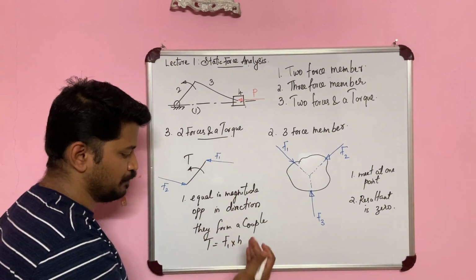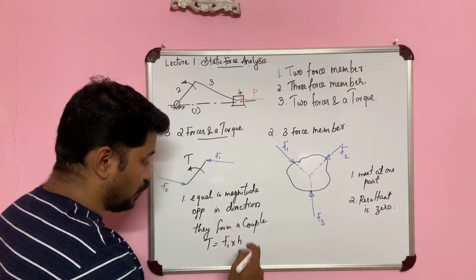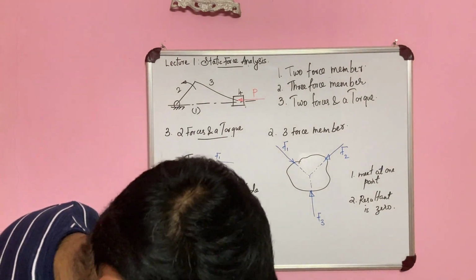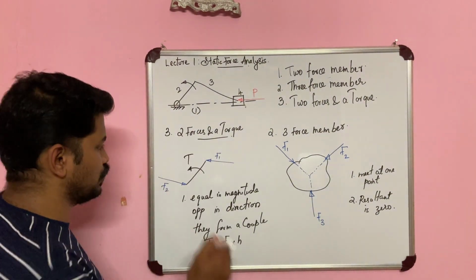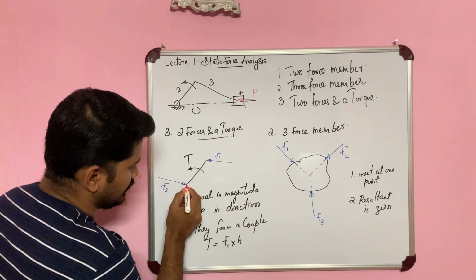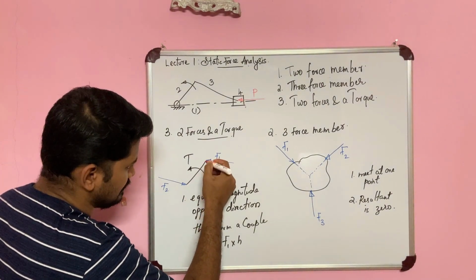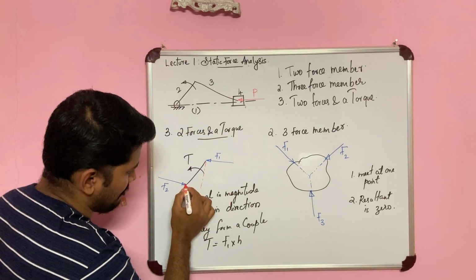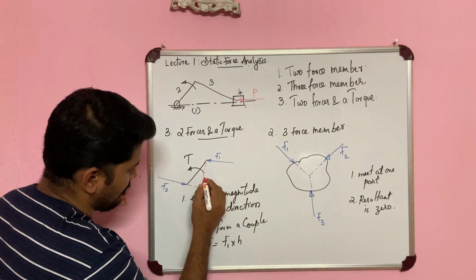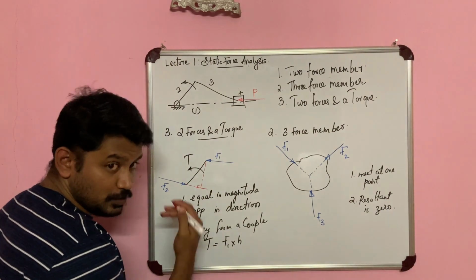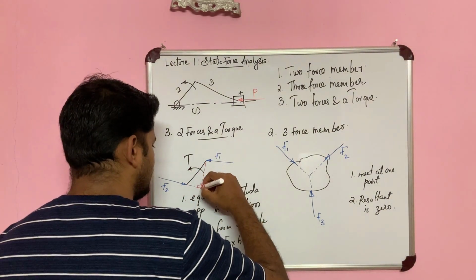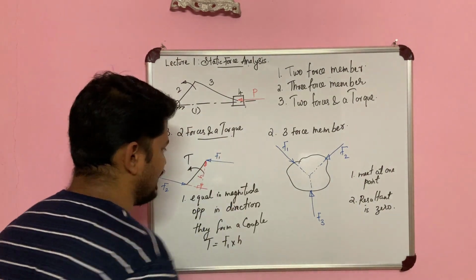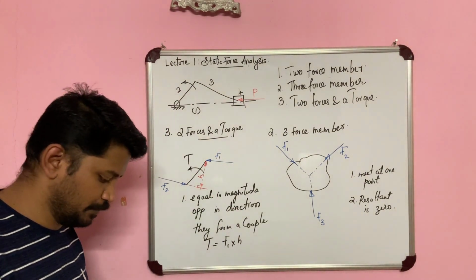I am taking F1 into h, where h is the perpendicular distance between these two forces. This should be perpendicular, and this distance, if I take, that is my h value.